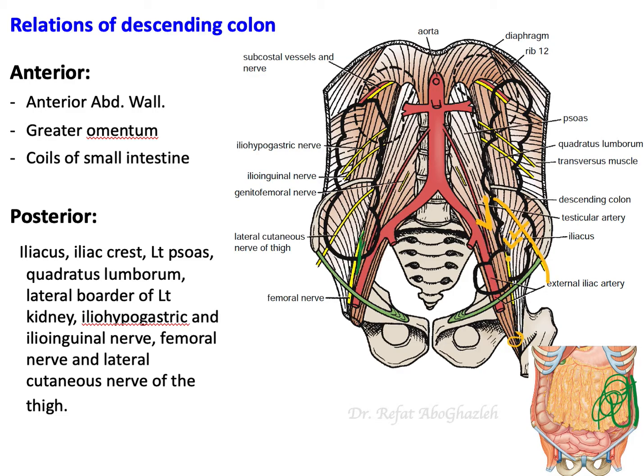Anyway, between these two muscles you have the femoral nerve, you have the iliac crest, quadratus lumborum, the iliohypogastric nerve, ilioinguinal nerve, and you have here the lower pole of the left kidney. As you see, the left kidney. So these structures are related, of course, to the descending colon.